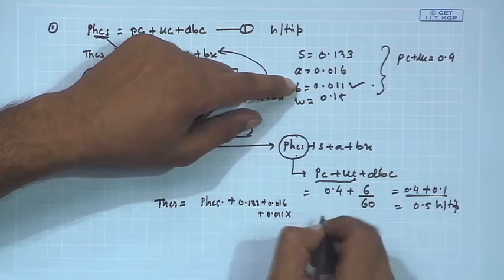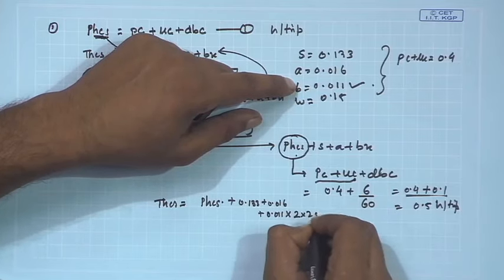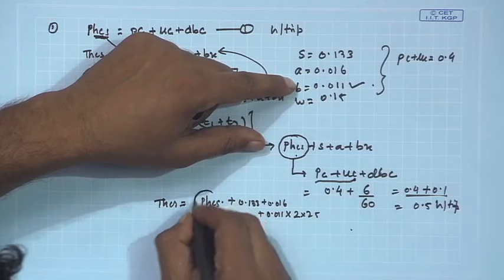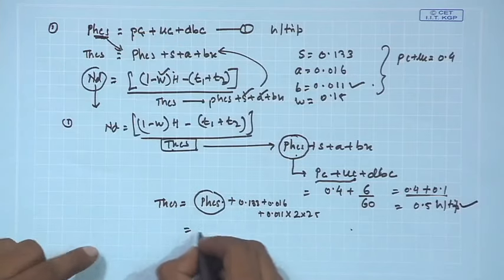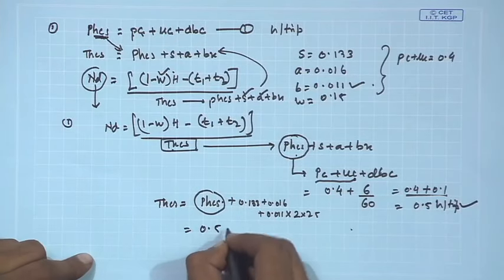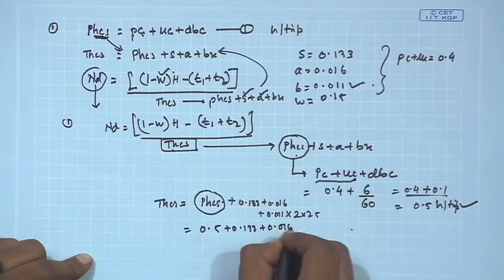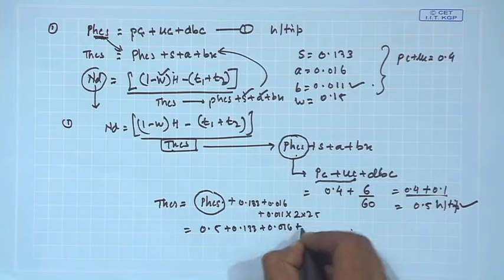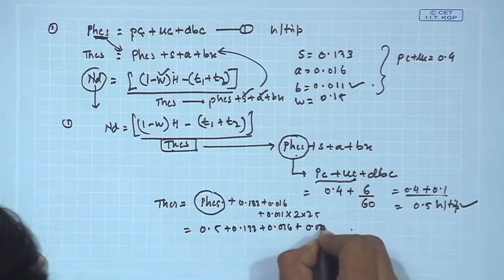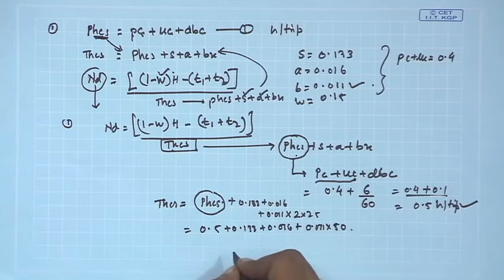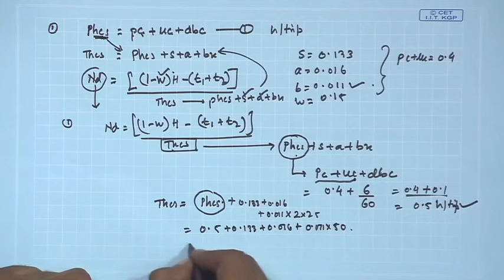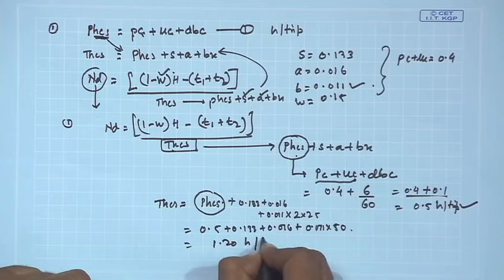So for the two way it has to be 2 into 25. So PHCS, this value we found here, that is 0.5 plus 0.133 plus 0.016 and 0.011 into 50. If we calculate this value, we will get 1.20 hour per trip.